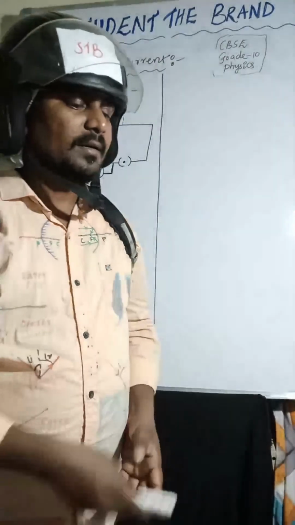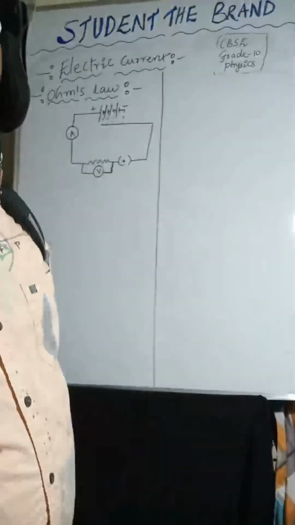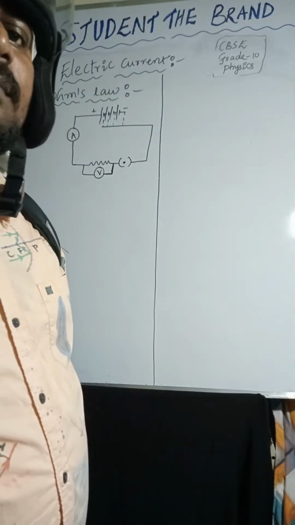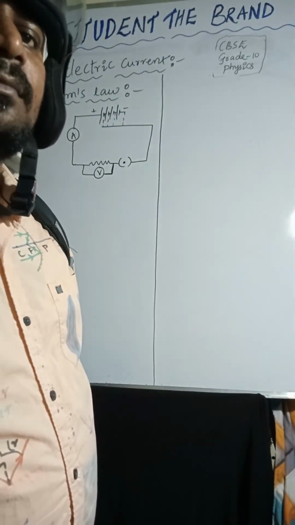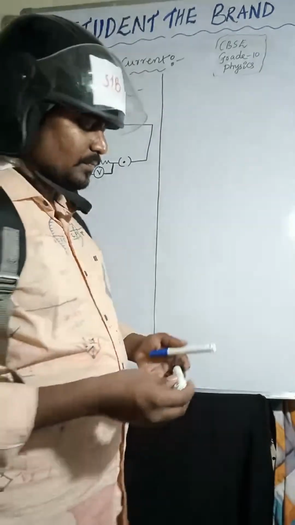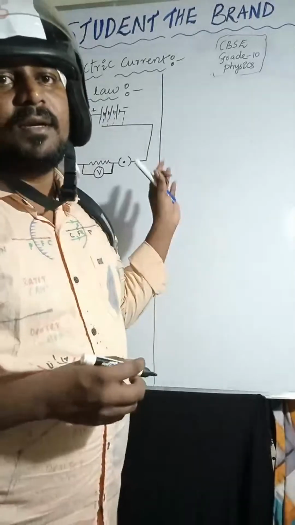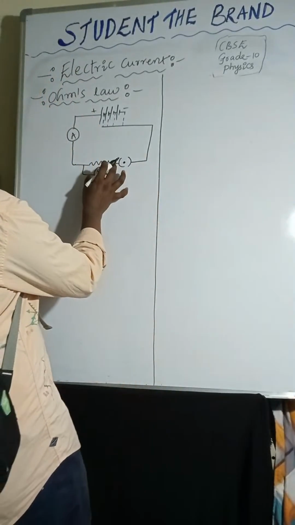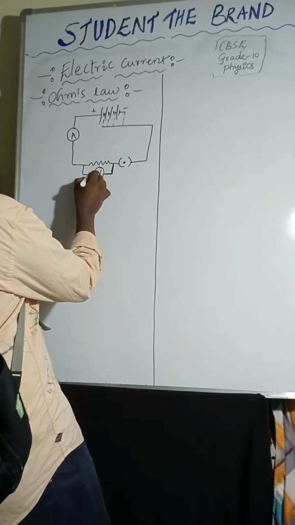Now we are discussing Ohm's law. Ohm's law is nothing but the potential difference across the ends of the given metallic conductor.